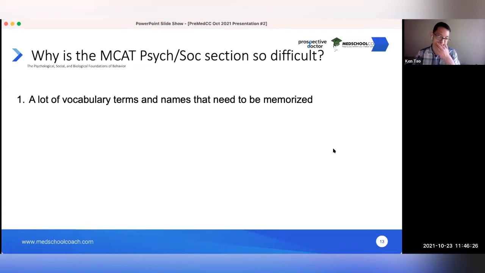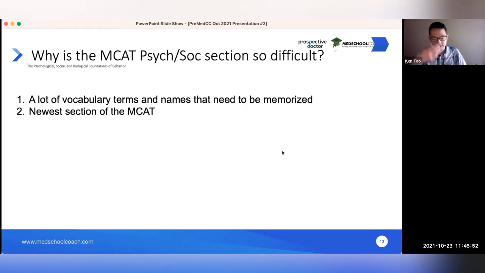In some ways, it is the easiest section of the exam because there's not a lot of reasoning skills that are required. It's mostly a lot of memorization, but that can essentially be the kryptonite for a lot of students who are really good at understanding concepts, but they are terrible when it comes to memorization, right? So there is a lot of memorization you need to be able to do for the Psych/Soc section.